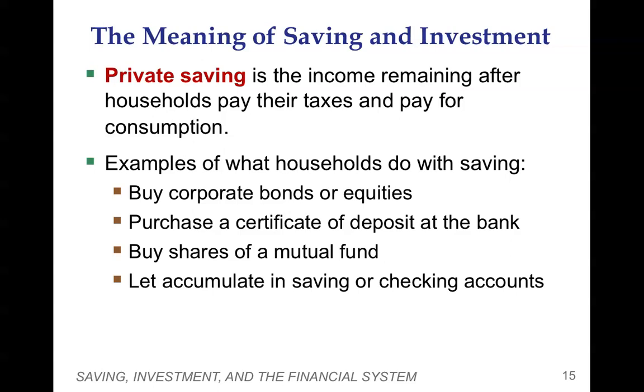Now, if you let it accumulate in a savings or a checking account, that is going to earn you the least amount of interest. It's going to be the least risky because it's protected by the FDIC, Federal Deposit Insurance Corporation, but as a result is going to pay the least amount of interest.